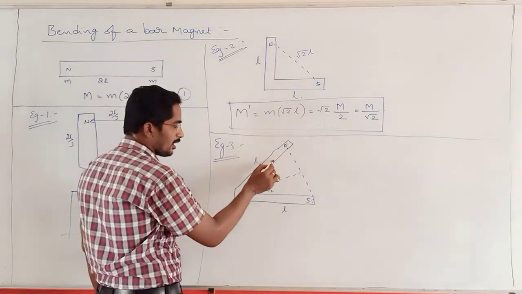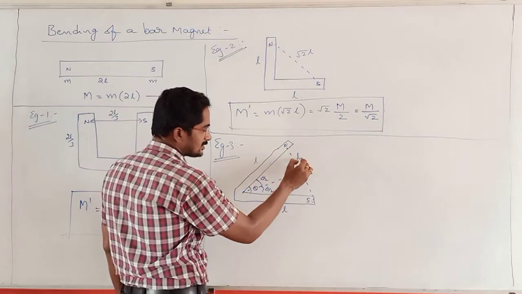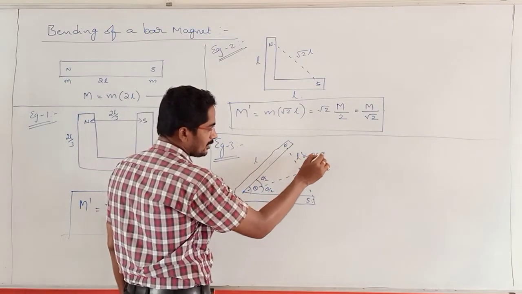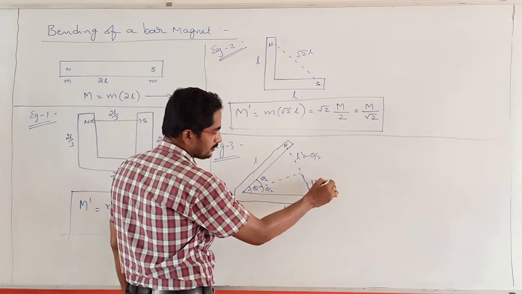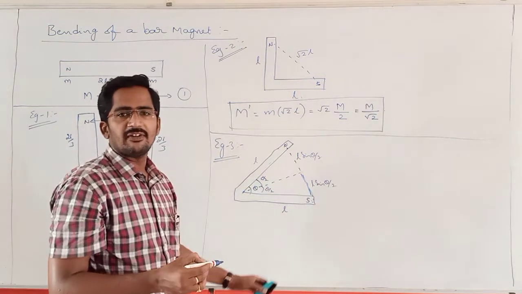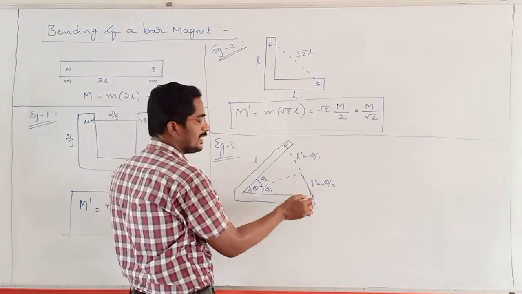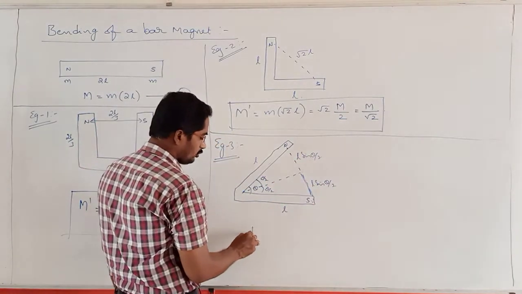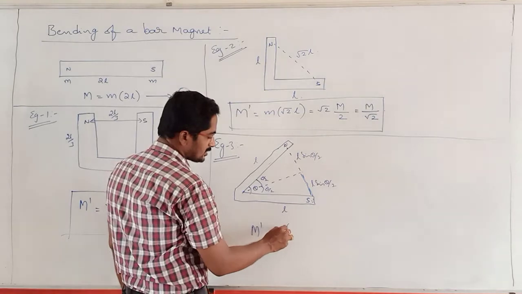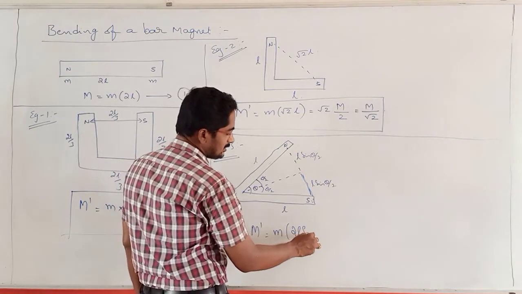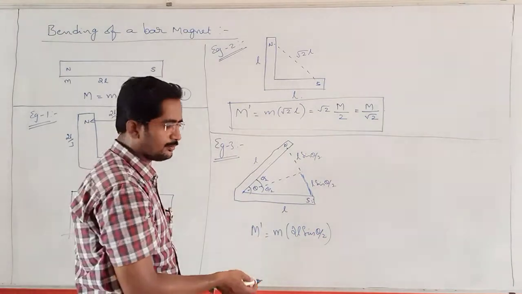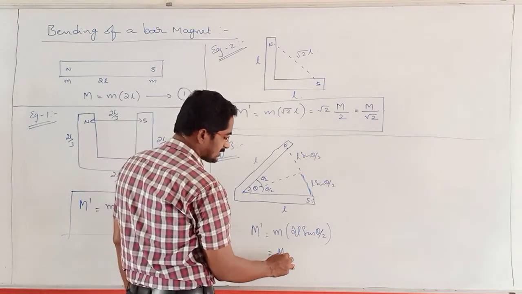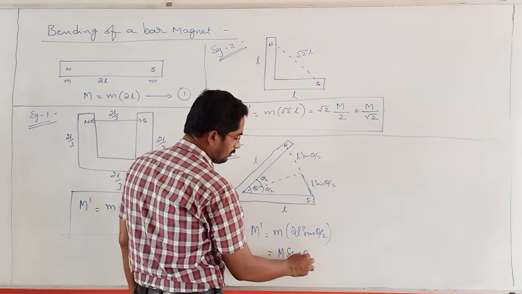If it is L, what about this value? L sin theta by 2. And this opposite side value is also L sin theta by 2. Then what is the distance between north pole and south pole here? 2L sin theta by 2. Such that the new moment equals pole strength into 2L sin theta by 2. 2L into m is capital M, so we shall get capital M sin theta by 2.